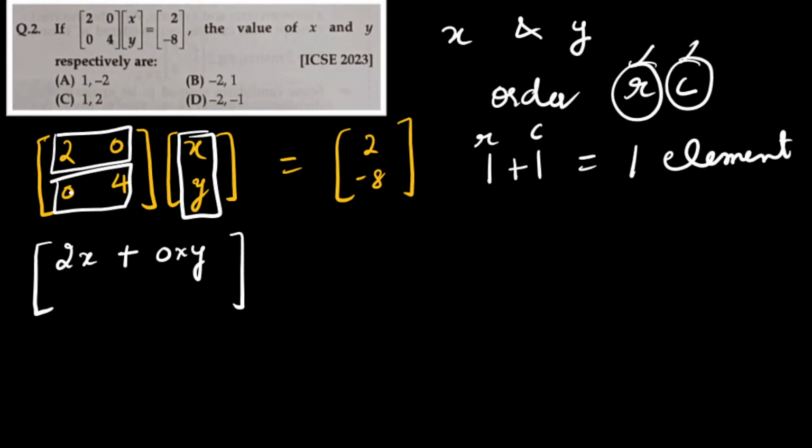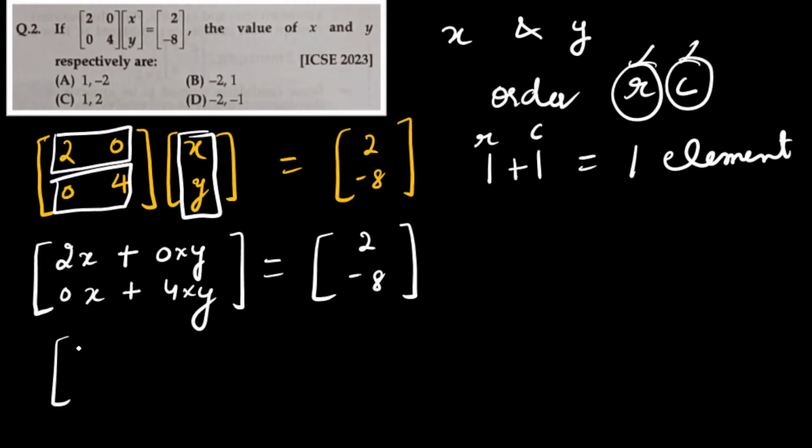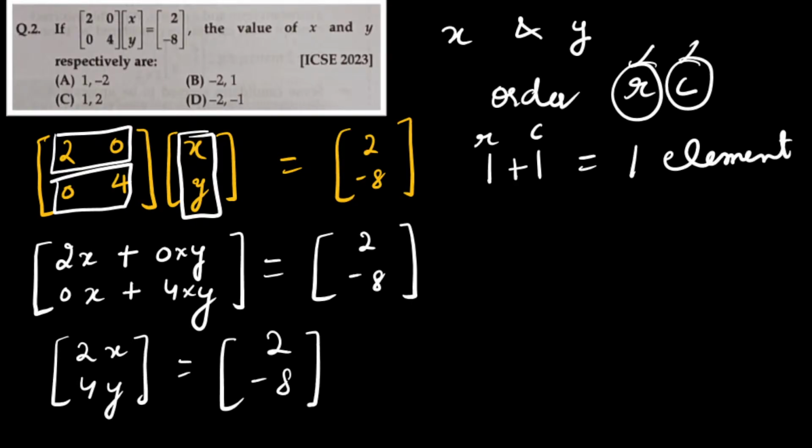Now 0 into x, 0x, plus 4 into y. This is equal to 2, minus 8. So I have gotten 2x plus 0y, which is 2x, and 0x is 0 plus 4y. This is equal to 2, minus 8.